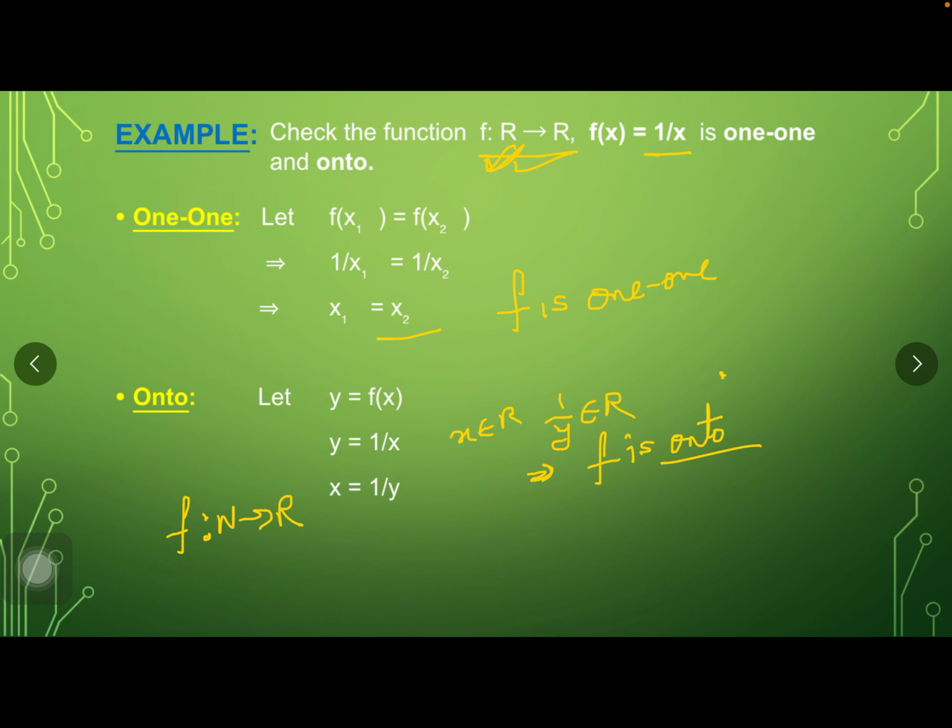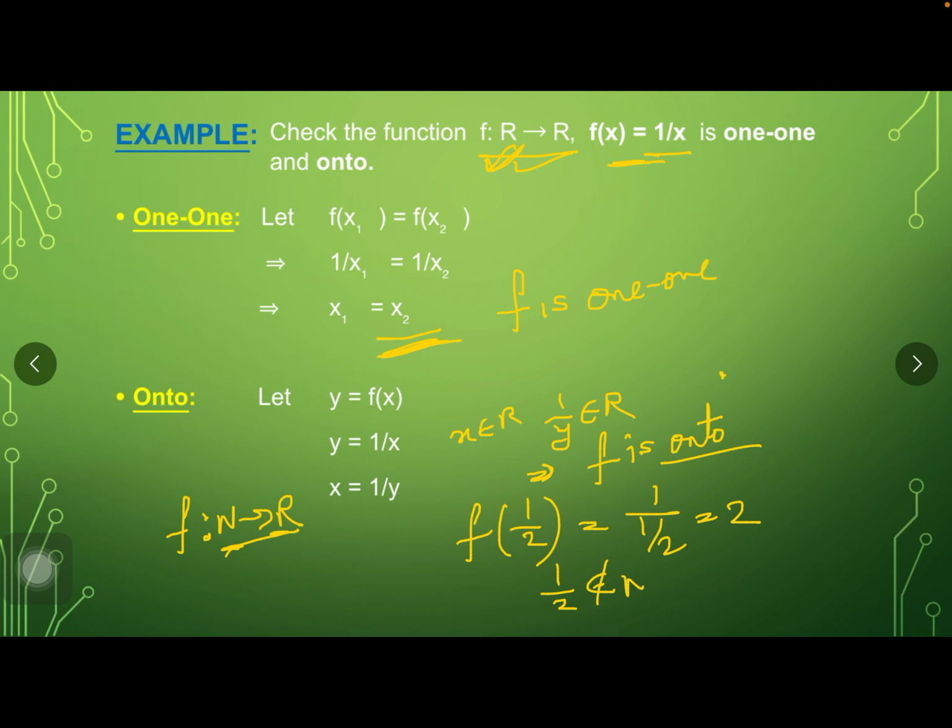So now suppose we change here a little bit, change that our function is f such that natural number to real number, right? So now what can you say about this function, is it 1-1 or onto if we change natural to real number? This function will be 1-1 definitely, but what about the onto function? Will this be onto? No, this is not onto, because now here we have natural to real number, and we get our 1/y, meaning we put any value of our real number.